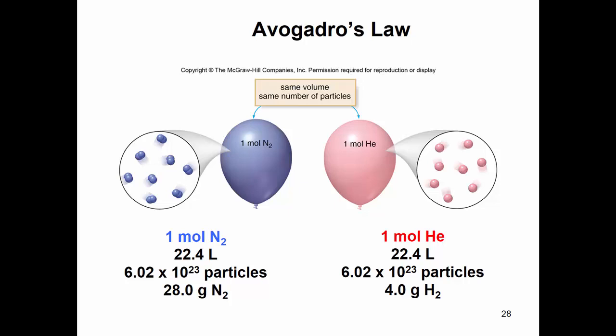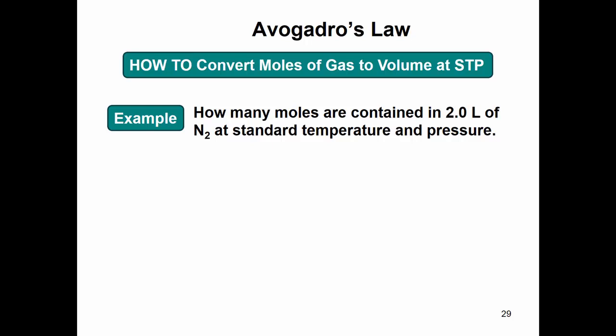Okay, we know that because Avogadro's number says 1 mole is equal to 6.02 times 10 to the 23rd. Now, if we're dealing with gases, this means for every mole, that gas is going to take up 22.4 liters. Okay, so that is unique for gases.